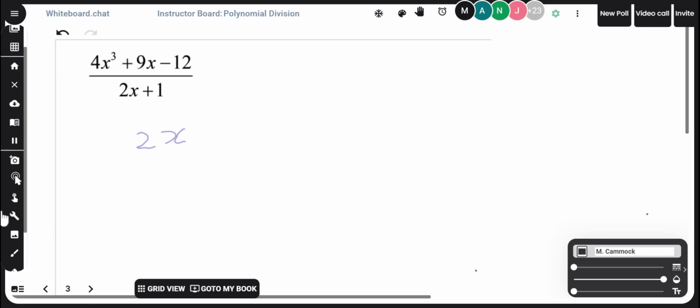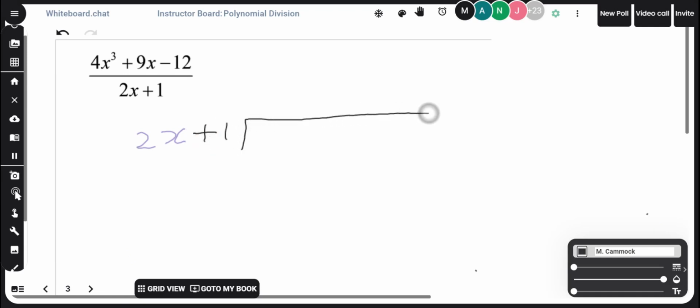Okay. So I have 2x plus 1, and then I'm going to put the terms under the bracket for the 2x plus 1. I'm going to put in 4x cubed. But you know what I'm noticing? I don't have an x squared term. I have a 4x cubed term, but I actually need an x squared term, right? So I'm going to invent one.